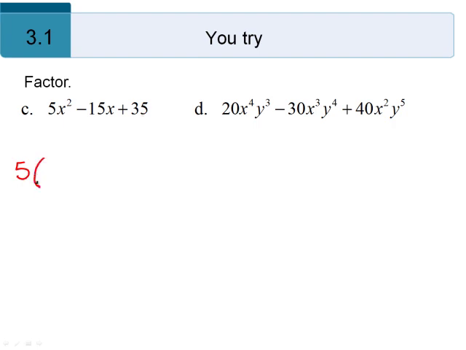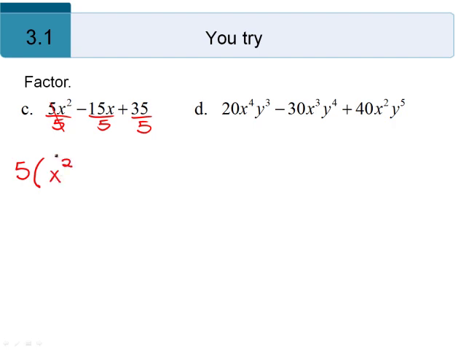So what you're doing is rewriting it as a multiplication problem. You put a parentheses, and then you go back and you divide each term by your greatest common factor. So 5x squared divided by 5, the 5's cancel, and you're just left with x squared.